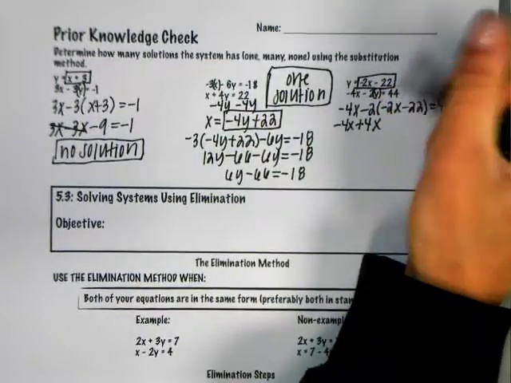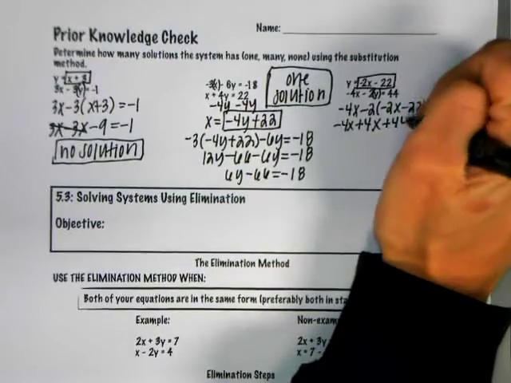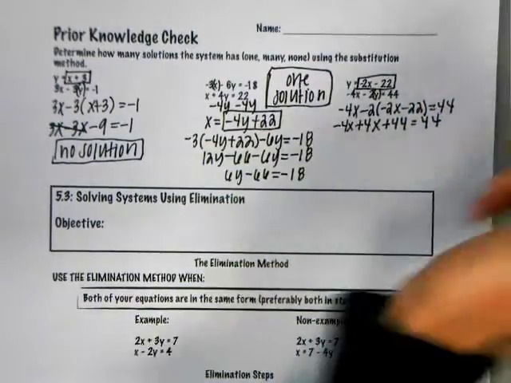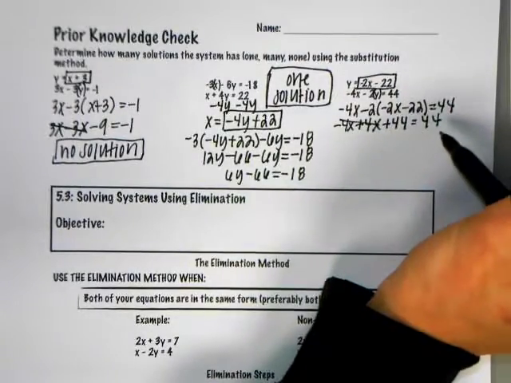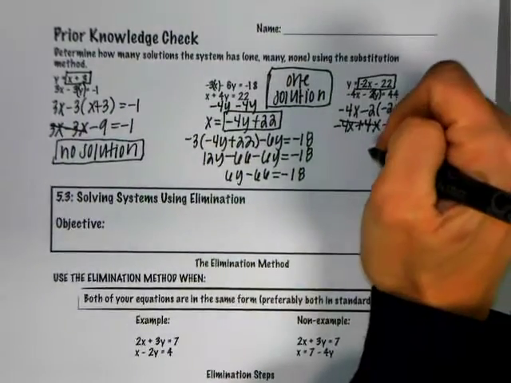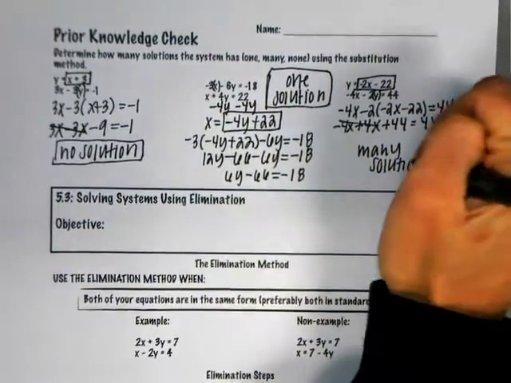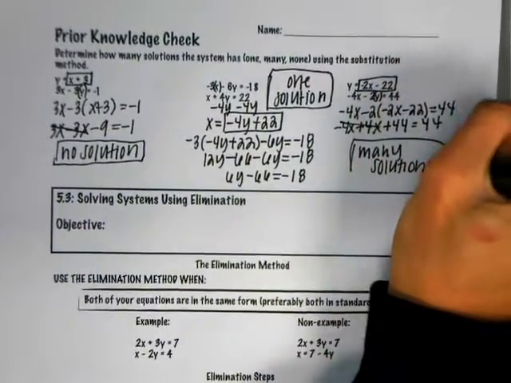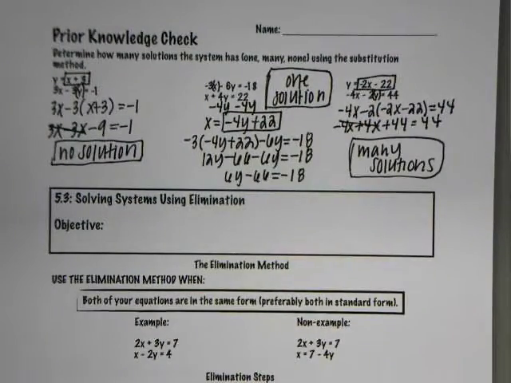Positive 4x. Negative 2 times negative 22? Positive 44. And then negative 4x plus 4x? 0. So I have 44 equals 44, which is true. So what's that going to be? Yep. All right. Good?